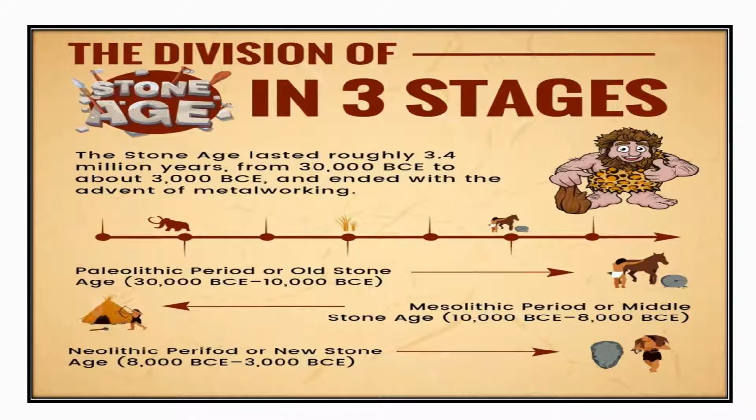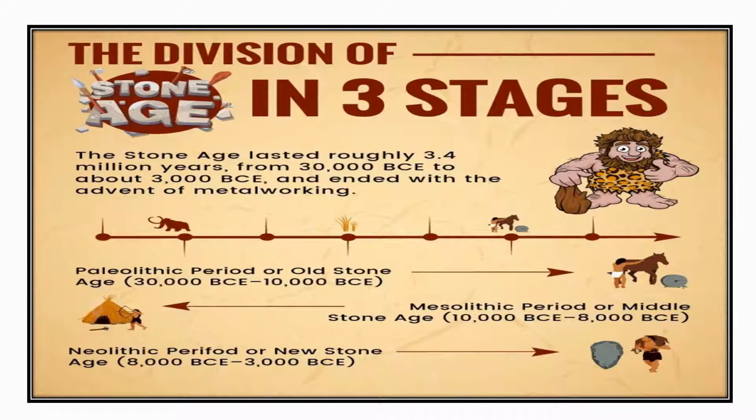The division of the Stone Age in three stages. The Stone Age lasted roughly 3.4 million years, from 30,000 BCE to about 3000 BCE, and ended with the advent of metal work.